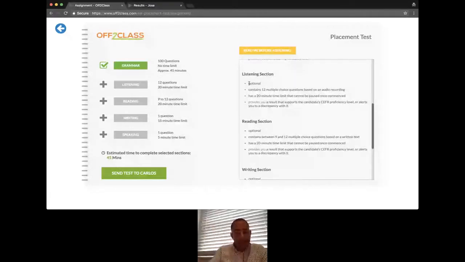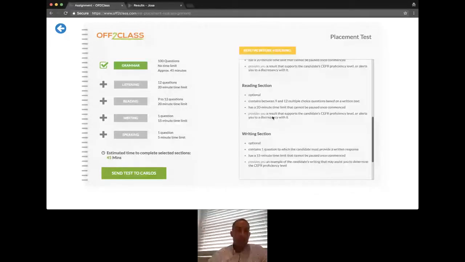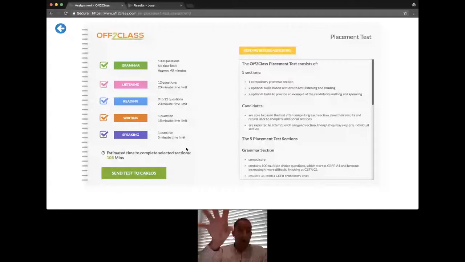Will he be able to save and come back later? Will it be timed, where once he starts the section, he will only have a certain amount of time to complete it? All that drill sheet for me is on the right. And of course, when I choose to send this test to Carlos, all of these instructions are delivered to him prior to taking the test.